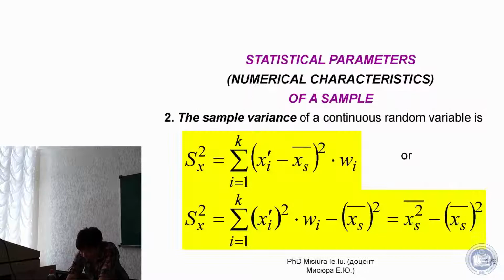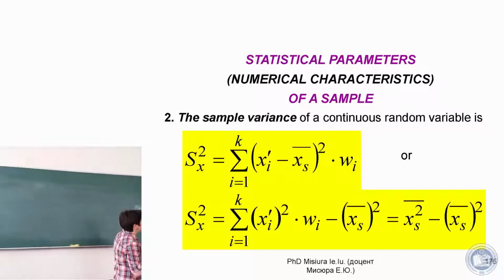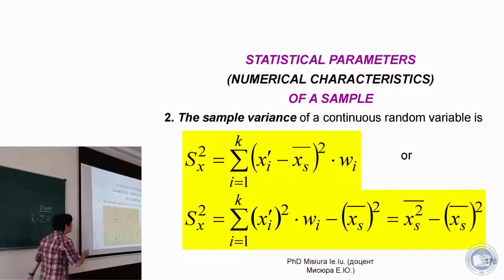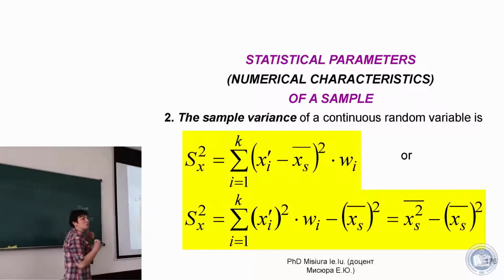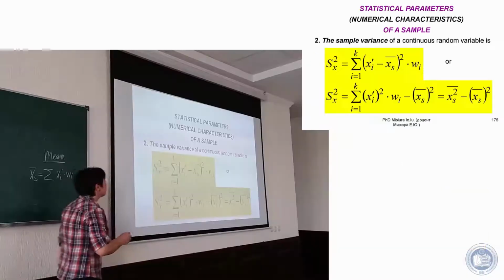Okay. Let's continue. If you know mean, you can find variance. In order to find variance, students, you need to know first value, xi. Please remember, you can use first formula or second one. And in order to simplify our calculations, please use formula 2.